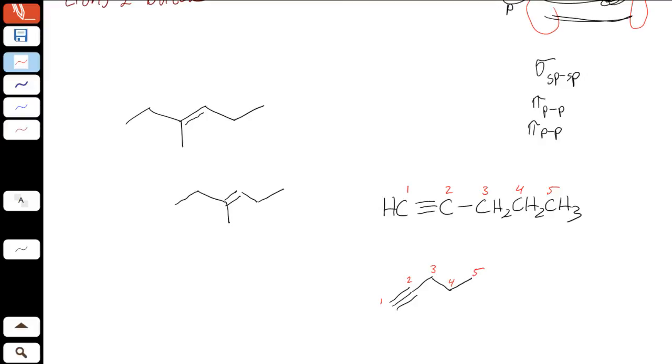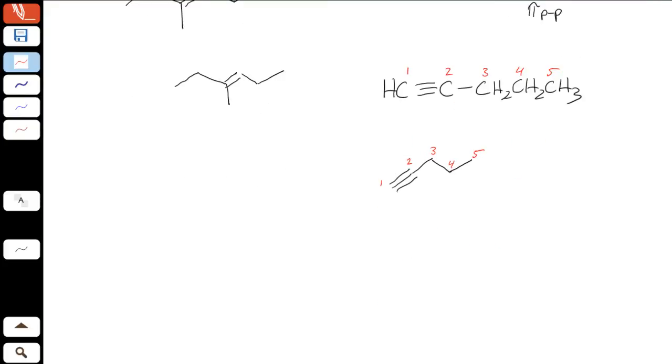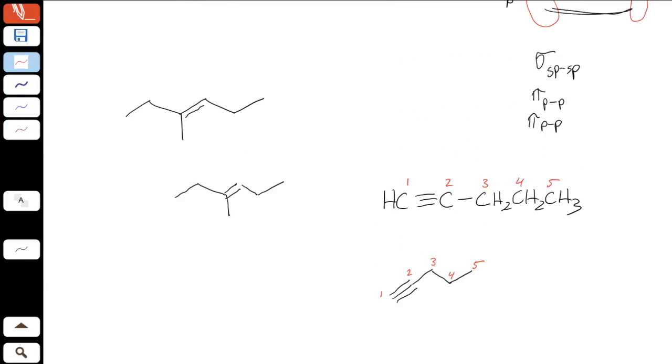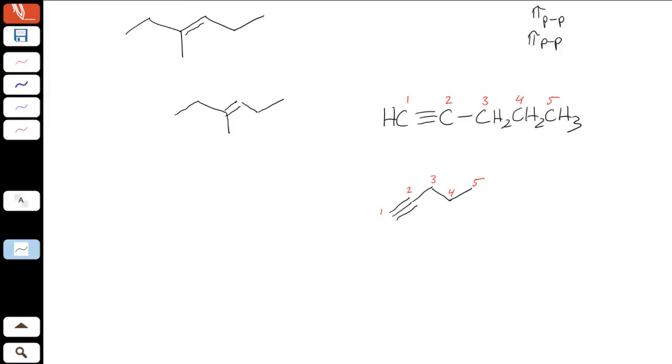You can have a triple bond in the middle of a structure also, and you do the same thing. Whatever the structure is. So that shows the two sides of it, the two carbons in that triple bond.